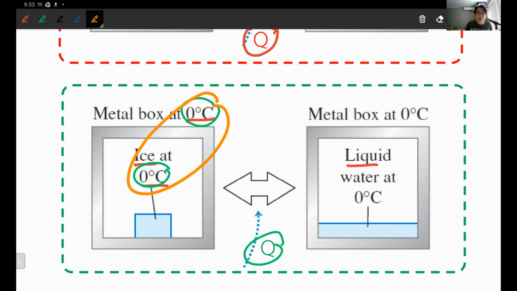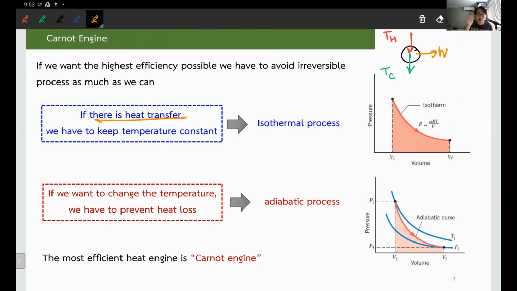By not losing it, you hope the energy is still with you, and then in some other portion of your engine, you'll take that and turn it into some useful work. So the first logic is, if you want to transfer the heat, let's do it at constant temperature. So you do it during an isothermal process. Here we go. That's why we have to study the isothermal process here.